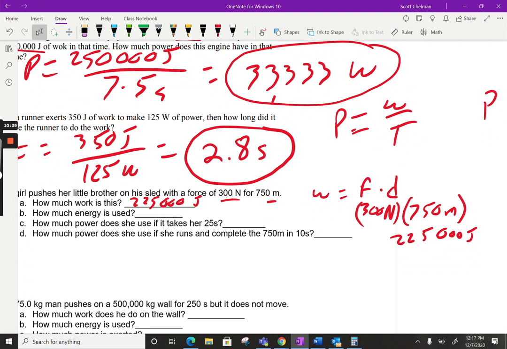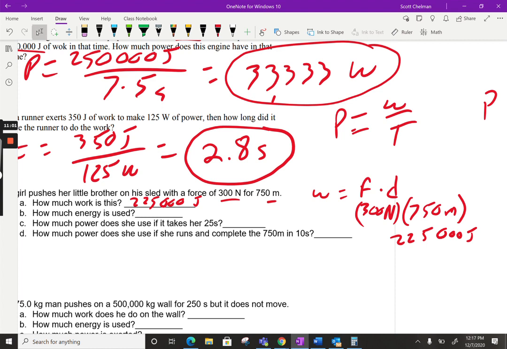Okay? So, kind of an interesting question. The second, part B, how much energy is used? Well, the first thing I would say is, okay, how much energy is used by what? By whom, right?